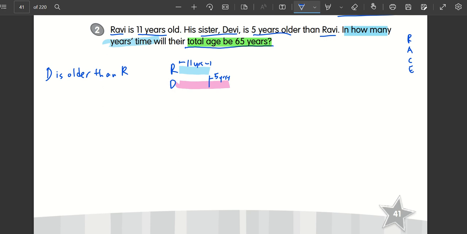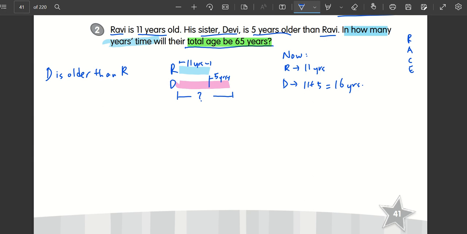So right now the first part we can understand is you can find Devi's age now, right? Right now Ravi is 11 and Devi is 11 plus 5. That makes 16 years old.